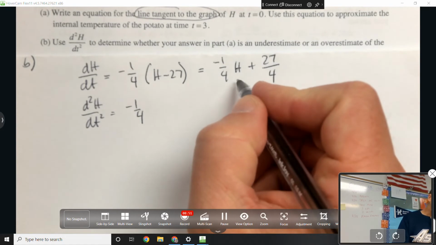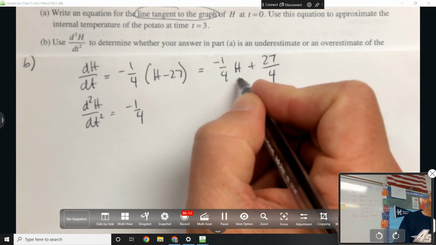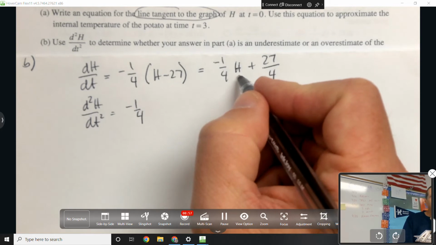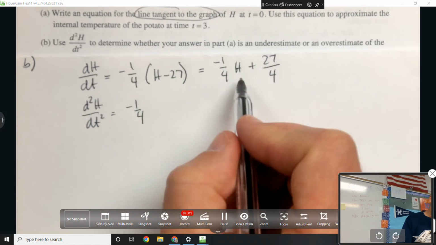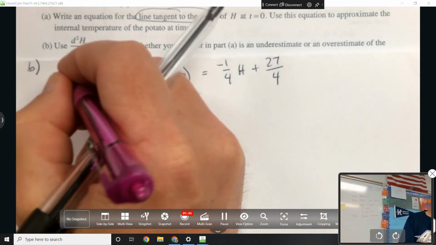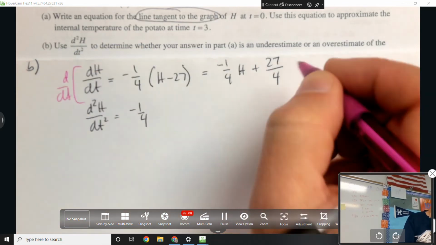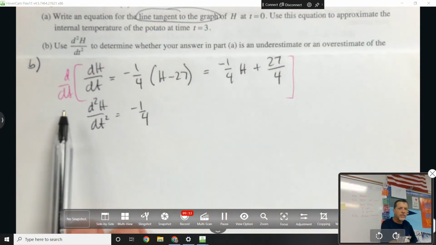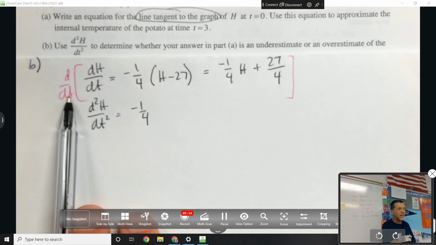So how do I take the derivative of h? I'm going to take the derivative of everybody. It's not just negative 1/4 because it's derivative with respect to t. So that's a good question.